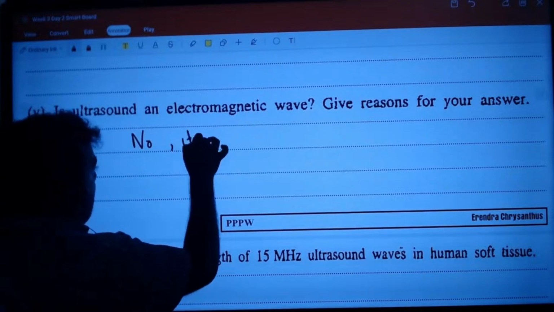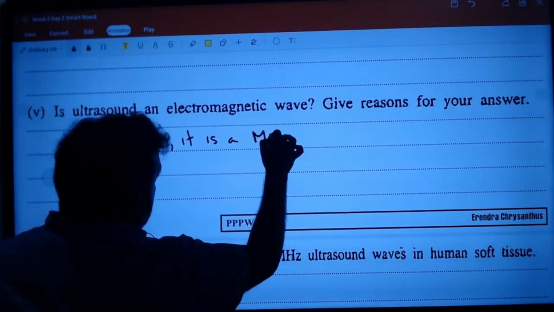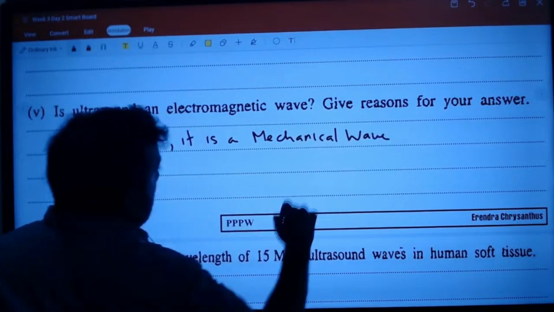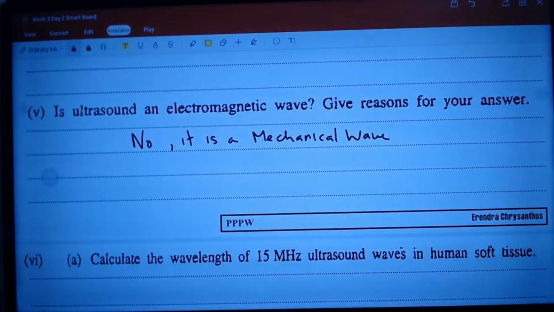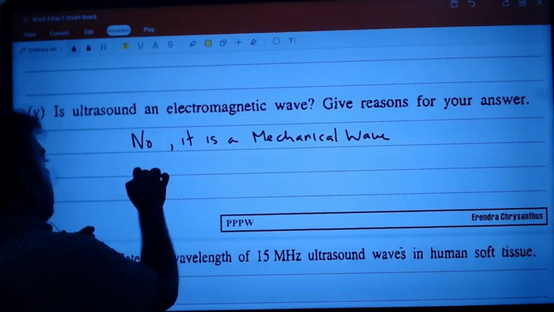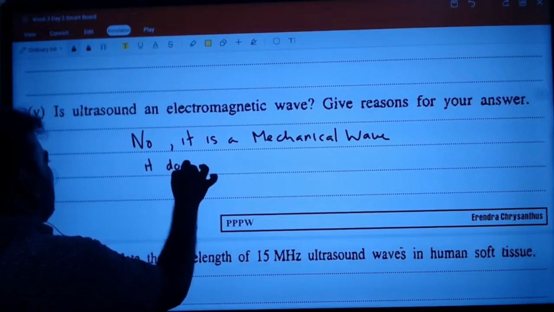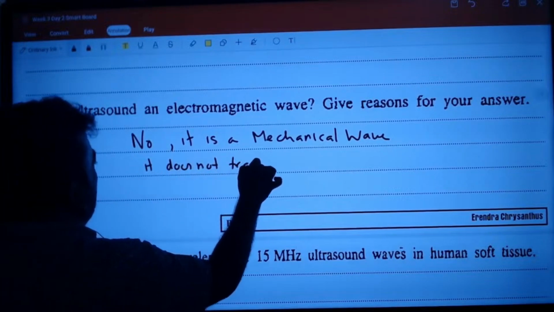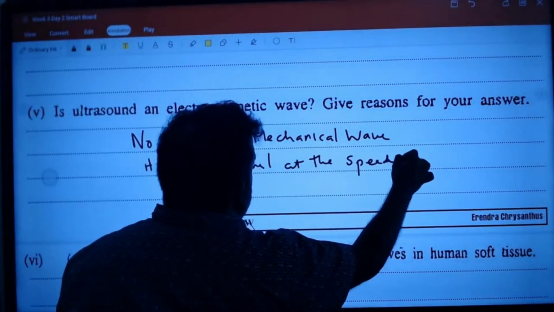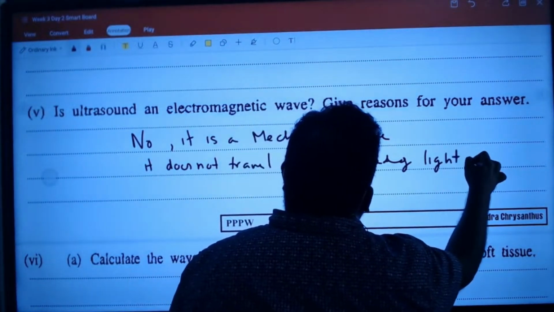It is a mechanical wave. So it's mechanical, otherwise it doesn't travel at the speed of light in the vacuum.